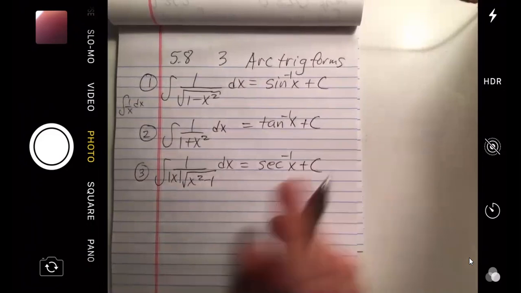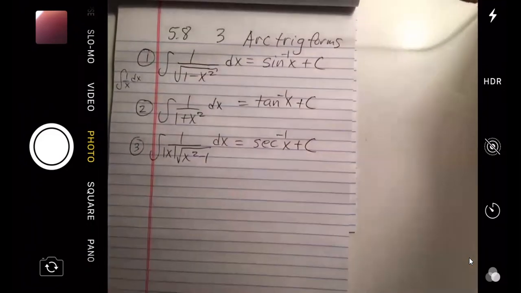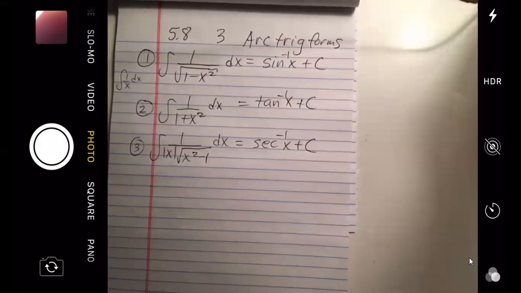Now, some Calc 1s cover this and some don't. It's tough to derive all three for you. Is this old news? You've seen this before? Or is this like, whoa, I've never seen this before? I think in Calc 1, I learned integral, but we didn't go that far yet.